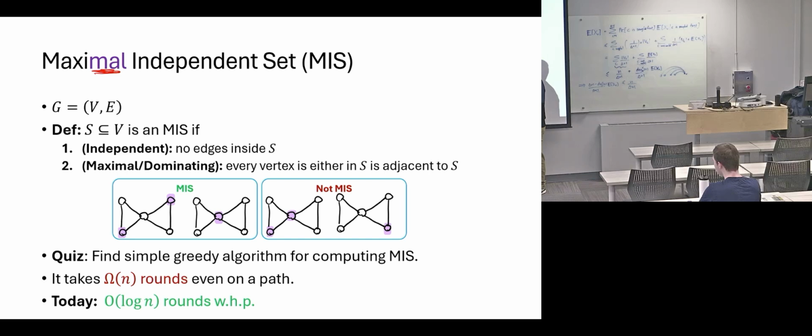It just means that you cannot add one more node into your set so that it remains an independent set, because everyone is either in S or adjacent to S already. So for example, this one is a maximum independent set, but this one is also maximal. You cannot add anyone into the set. This one is not a MIS because it is not independent, and this one is independent, but it's not maximal, because you could add this guy or this guy, right?